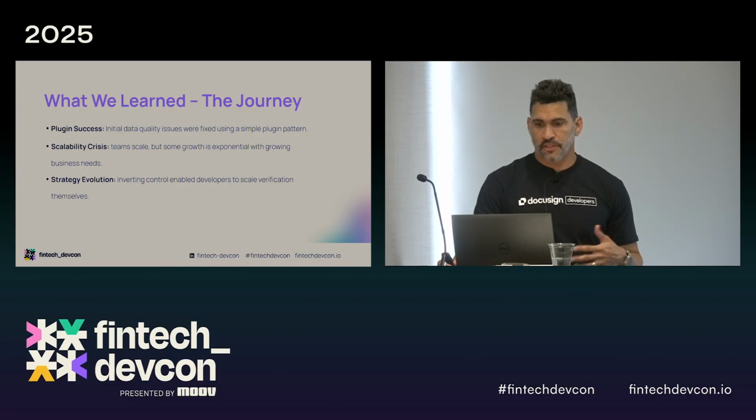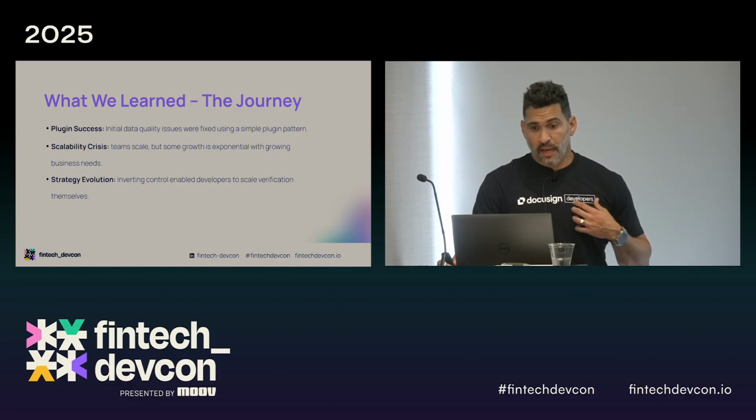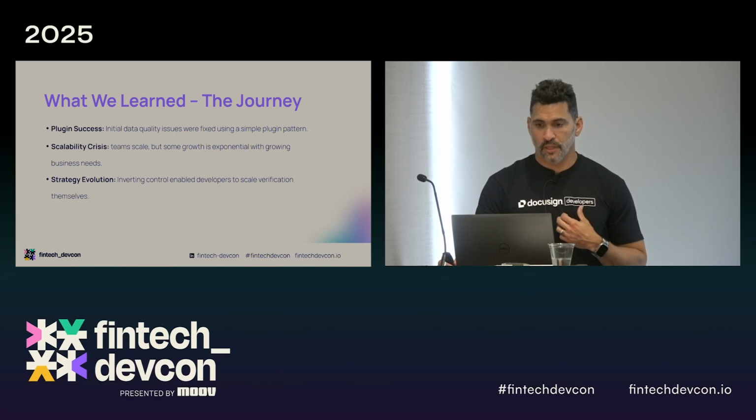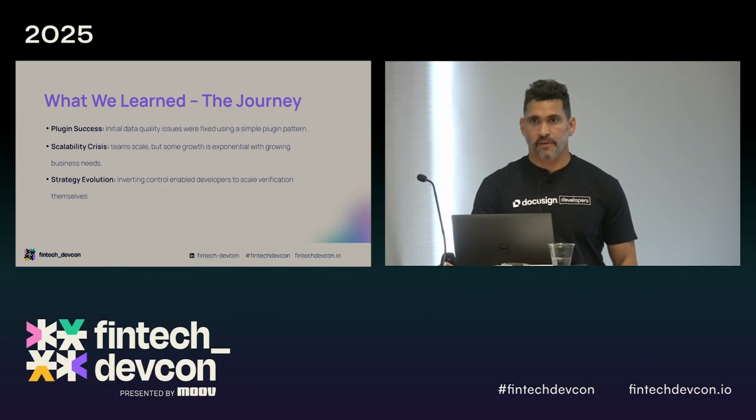The plugin approach centralized too much responsibility to our platform teams, and the model didn't support the growing needs of our business. The breakthrough came when we evolved that to a strategy pattern. By inverting control and allowing developers to define their own verification strategies, we eliminated our team as the bottleneck. It was a strategic architectural shift that transformed verification from a service to a platform.